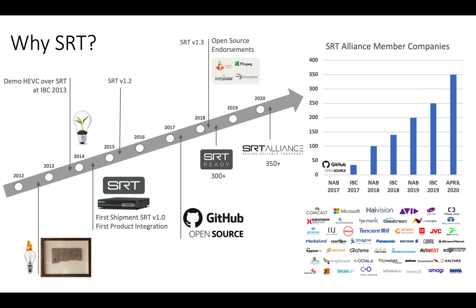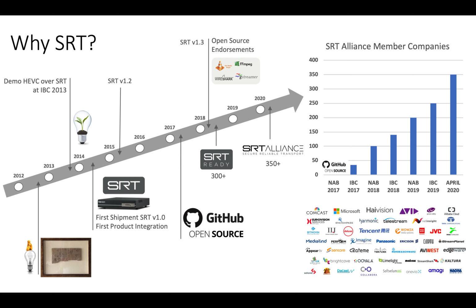So why SRT? SRT is not an attempt to reinvent the wheel. SRT, in a way, is the wheel. It was created and first used in 2013. In 2017, SRT was made open source and free for public usage. At the moment, SRT has been widely adopted and has become a de facto industry standard for live contribution and distribution. Companies using SRT are joining the SRT Alliance that currently counts more than 350 members. Only last year, more than 100 new companies had joined the SRT Alliance.